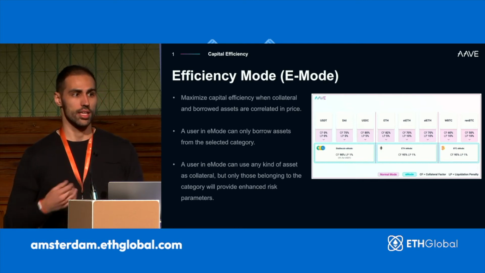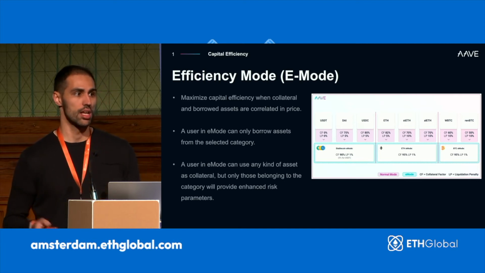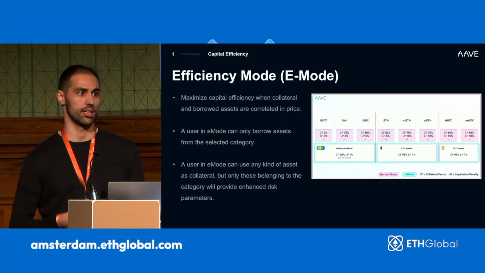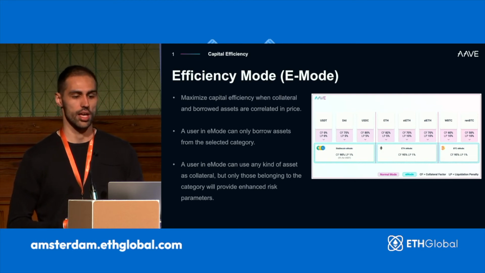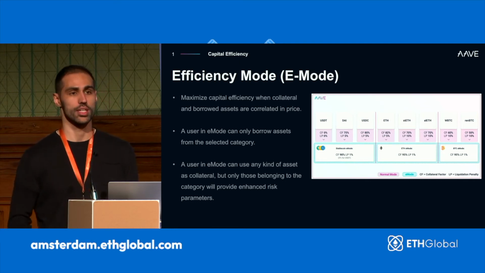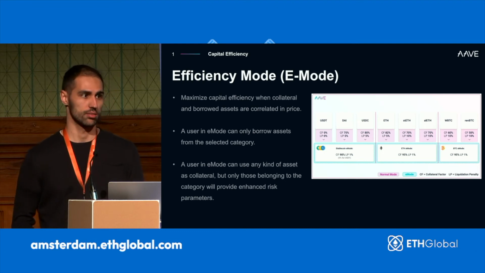They can still supply other assets and even use them as collateral, but only with stablecoins will they be able to maximize their borrowing power. Right now, users in stablecoins E mode enjoy a 97% collateral factor, which is really good because they can borrow up to 97 DAI with 100 DAI as collateral.